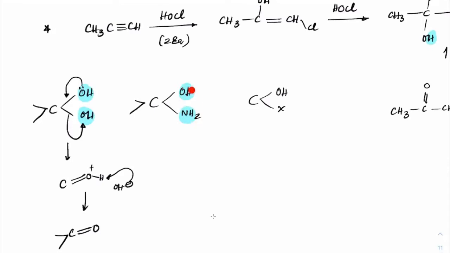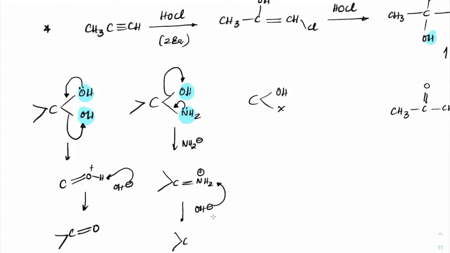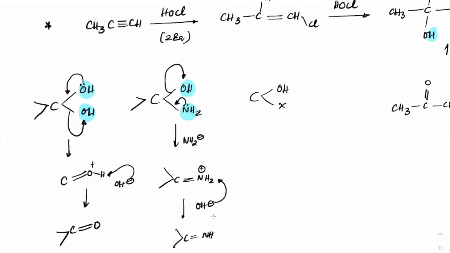Same is the case here also. Now here whether the OH will push or NH2 will push depends upon the solvent. If the solvent is ammonia, let's say the solvent has NH2 minus in it, so NH2 minus is the one which is pushing. The lone pair from here will push, and you'll get C double bond NH2 plus OH minus, which will take away this H plus and form C double bond NH, imine formation.